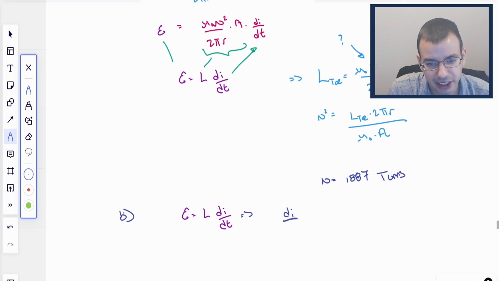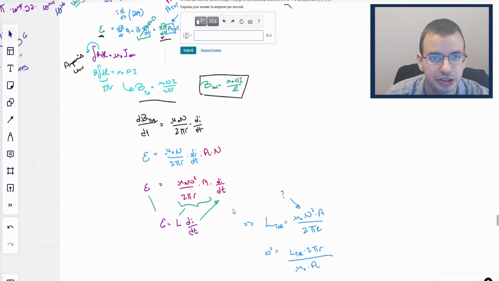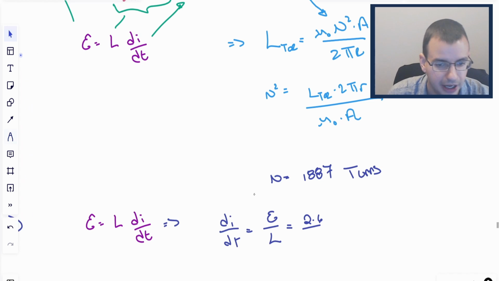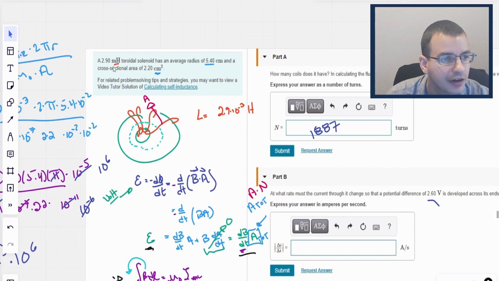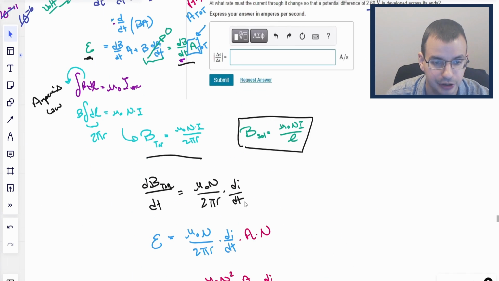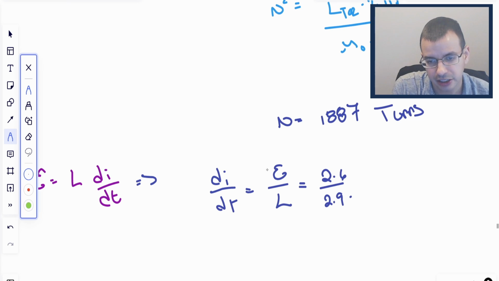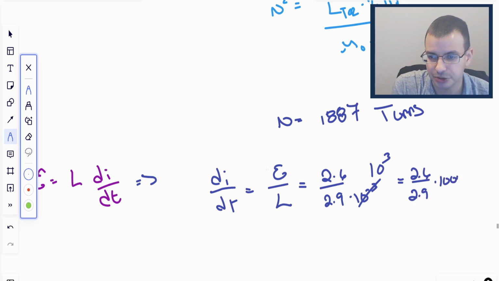So di dt is going to be the EMF divided by the inductance, and so this is going to be 2.6 divided by, I see it's just volts, yep, divided by 2.9 times 10 to the negative third. I can take that 10 to the negative third, make it 10 to the third up top.